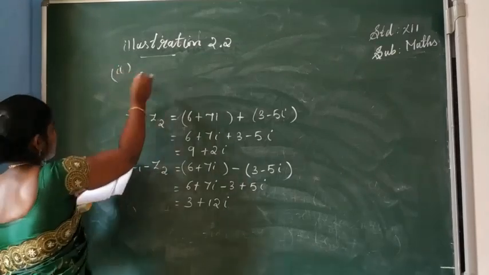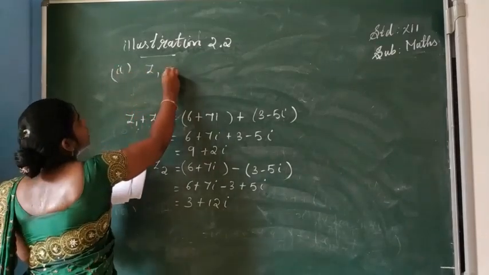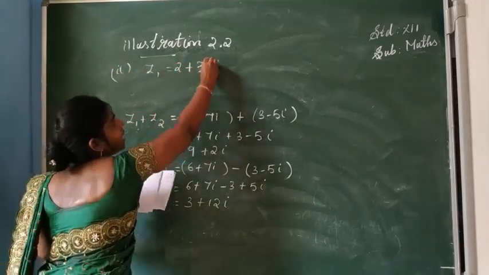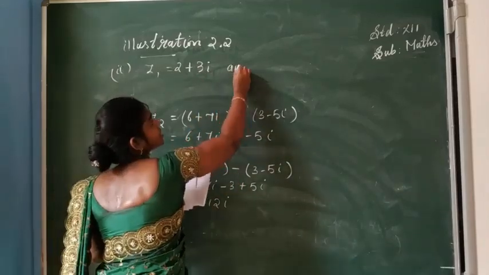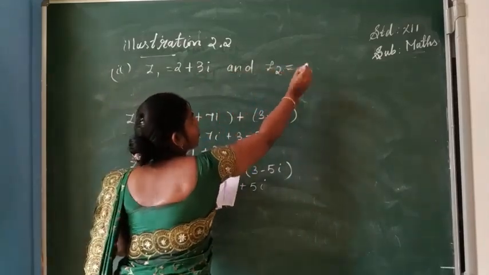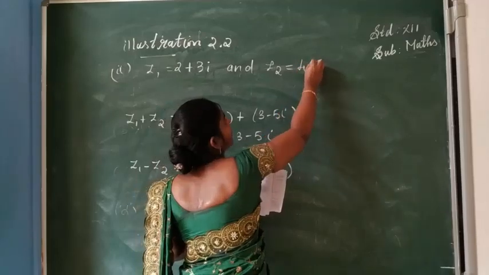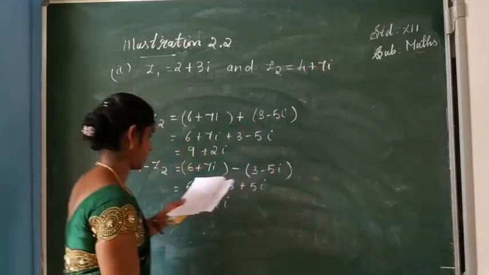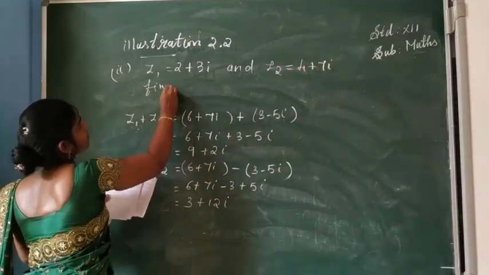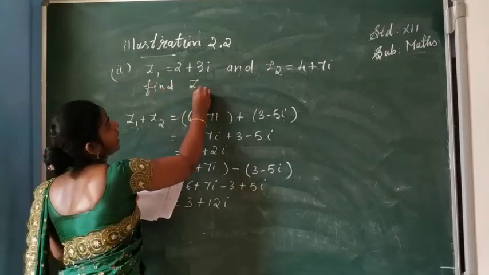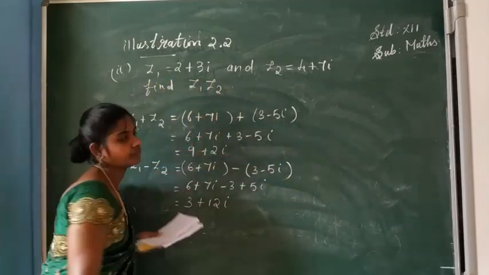Second question, z1 equal to 2 plus 3i and z2 equal to 4 plus 7i. Find z1 into z2.